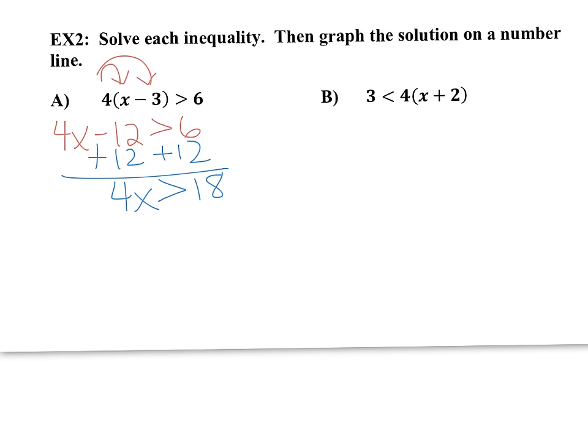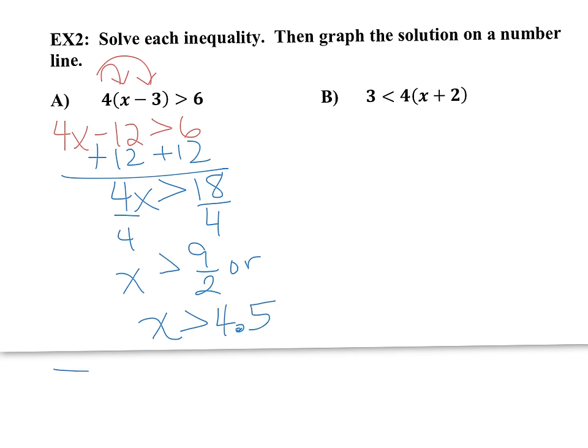Now, I divide each side by 4, and I end up with x is greater than, and I can reduce this fraction to 9 over 2, or I could also say x is greater than 4.5, which is also a true statement.